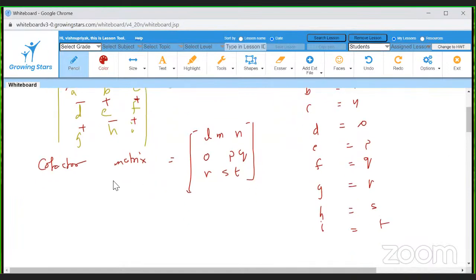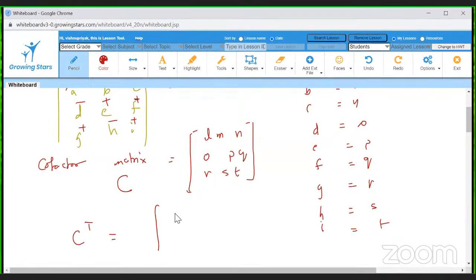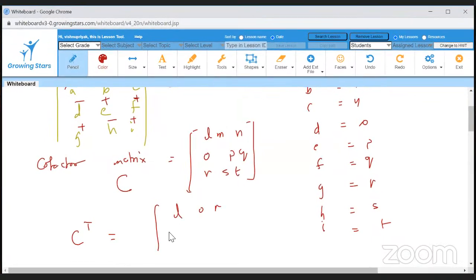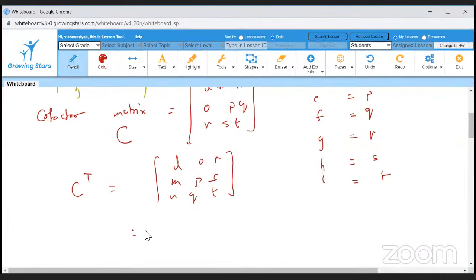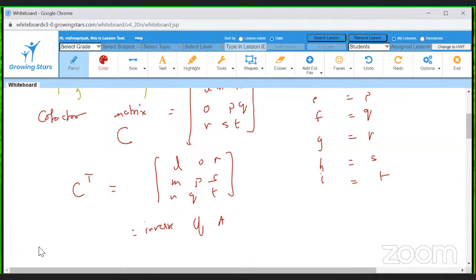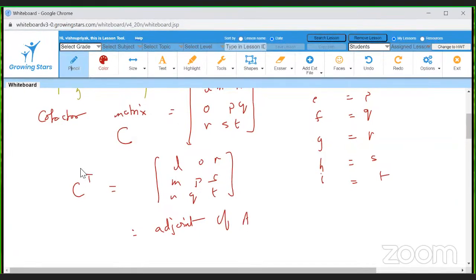Now, if this cofactor matrix is called A or B or C, then if you take the transpose of this cofactor matrix, L, O, R, M, P, S, N, Q, T, the transpose of the cofactor matrix, that is the adjoint of A. After the cofactor matrix, what you have to do?